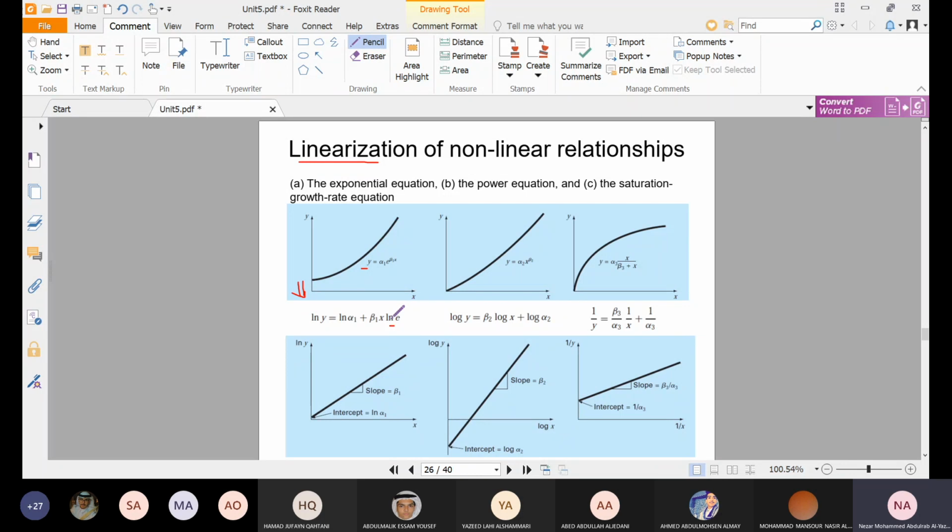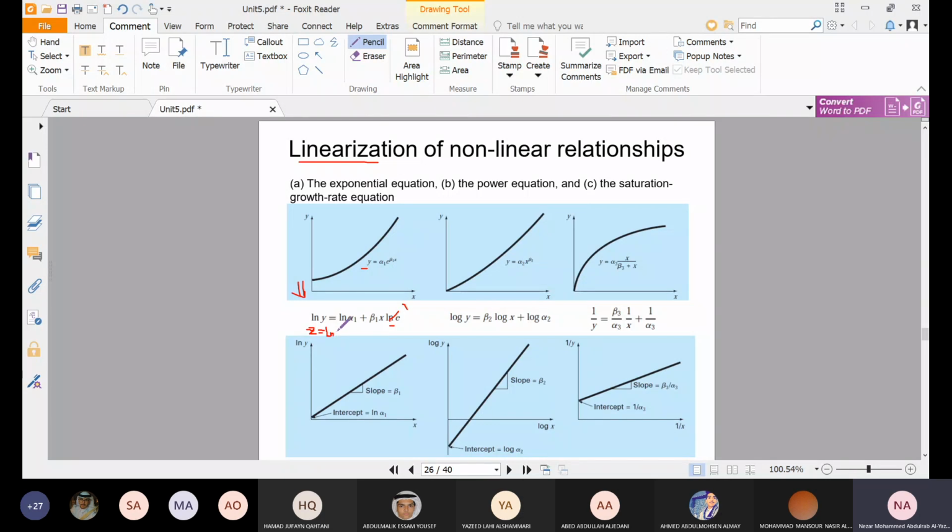After that, this is equal to 1. So as a result, we have a linear relation between these two. This is the new equation after I apply ln. So I might assume a new variable z that equals ln y.